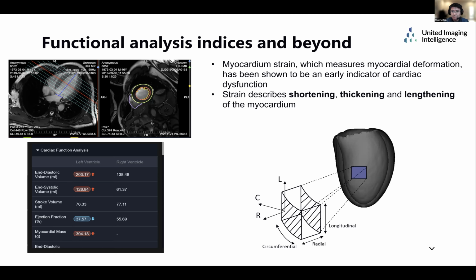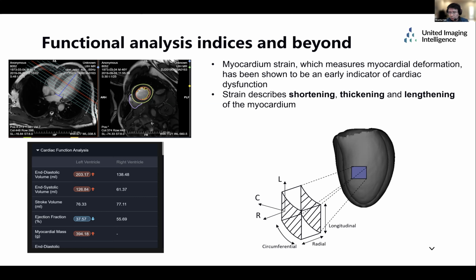Myocardium strain is used to measure myocardium deformation from different directions, and it has been shown to be an early indicator of cardiac dysfunction, even earlier than the ejection fraction changes.